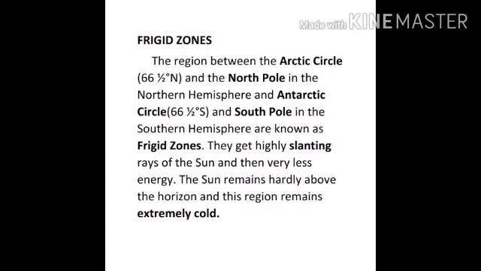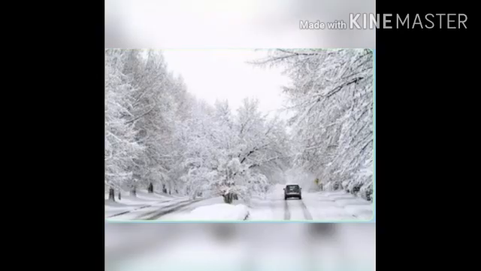Now coming to the frigid zone. From 66.5 degree north Arctic Circle to 90 degree north pole in the northern hemisphere and 66.5 degree south Antarctic Circle to 90 degree south pole in the southern hemisphere is known as the frigid zone. The frigid zones are intensely cold zones on the earth. The word frigid means very cold.